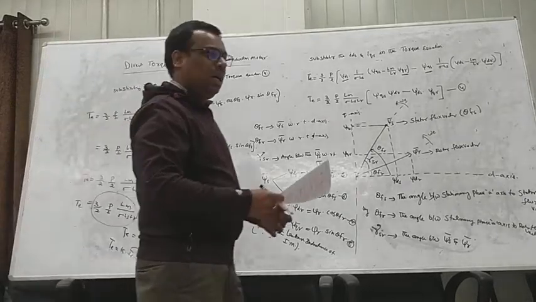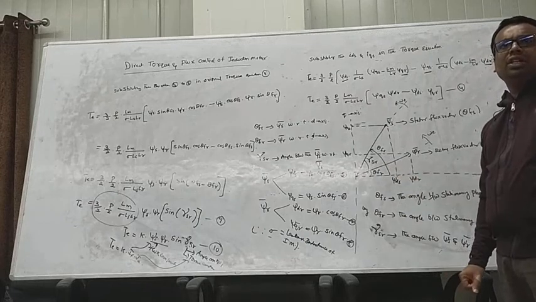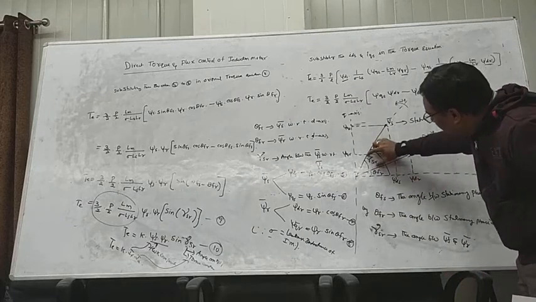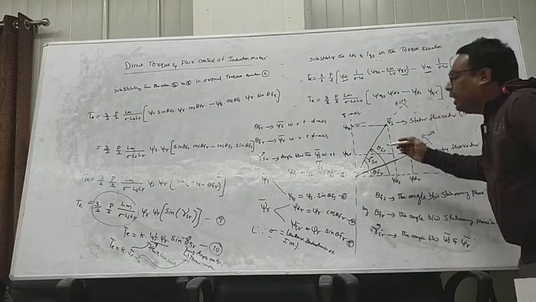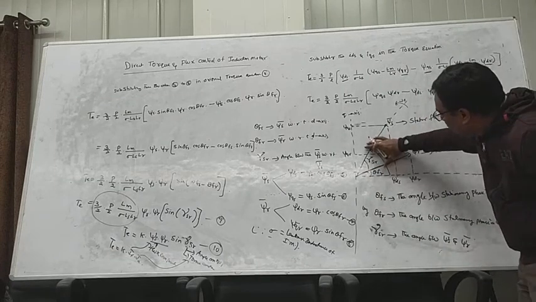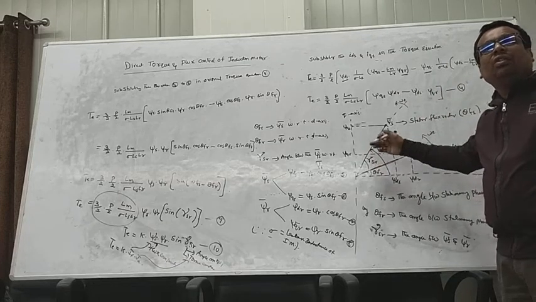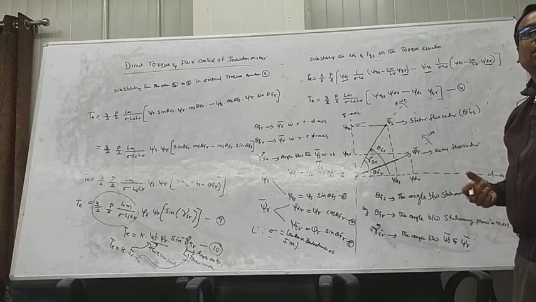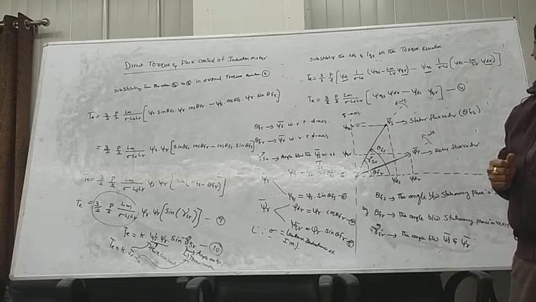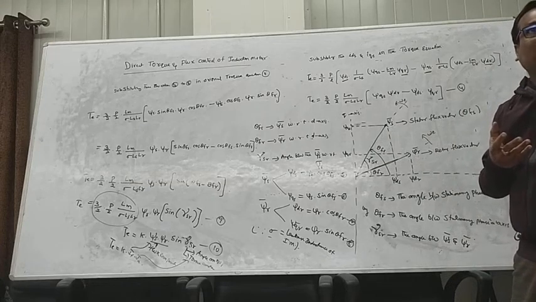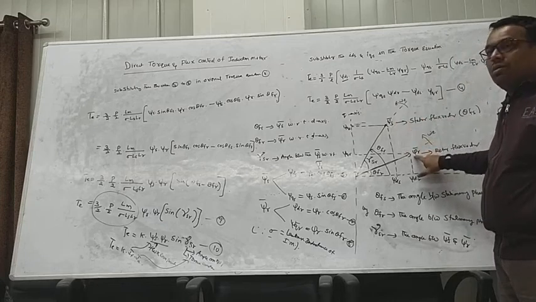If I want to control the torque of an induction motor, I need to control this angle gamma Sr. If I want to increase the torque, I need to increase this torque angle gamma Sr. If I want to decrease the torque, I need to decrease gamma Sr. How will I increase and decrease gamma Sr? By using the stator flux vector and rotor flux vector.